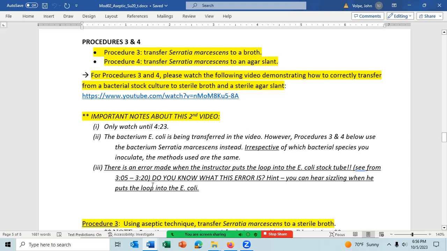And then you should note there's an error made when the student puts the loop into the E. coli stock tube. It's between 3 minutes and 5 seconds and 3 minutes and 2 seconds. You should try and find what that error is. And hint, you can hear some sizzling when he does the error. Okay?